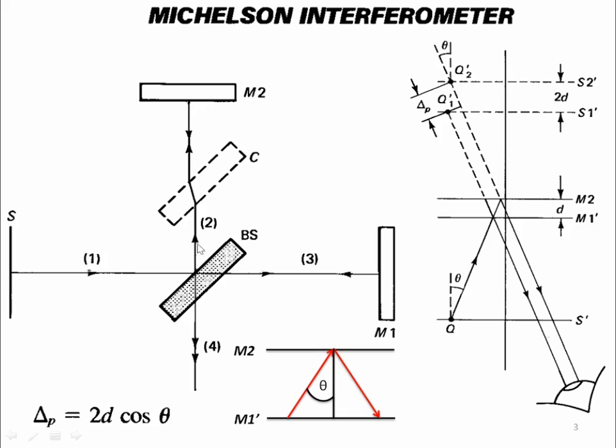Whenever a transmitted beam is involved, it doesn't face any phase change. Anyway, let us focus on the third beam. From here it gets transmitted, so no phase change. It comes here to mirror M1. This is optically denser, so a phase change by pi. It comes back here, it reflects.